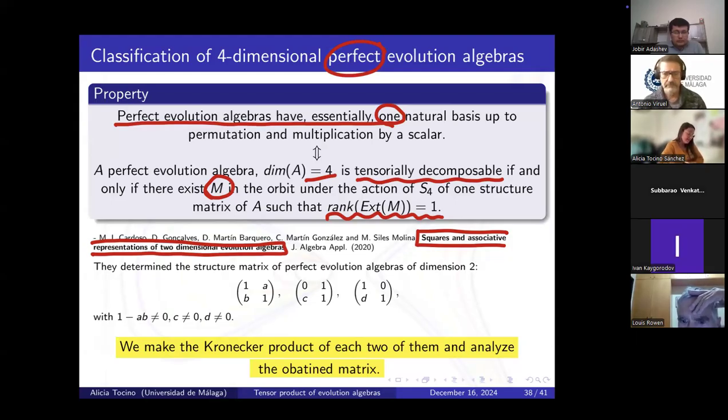There, they determine the structure matrices of perfect evolution algebras of dimension 2. Since the structure matrices are essentially the same up to permutation, we have only 3 types. And what we are going to do is make the Kronecker product of each 2 of them and analyze what we obtain.